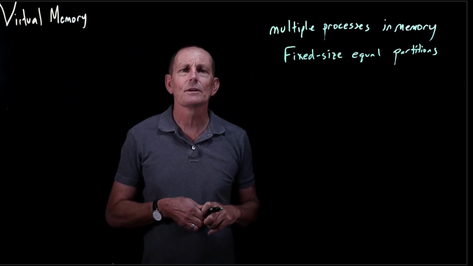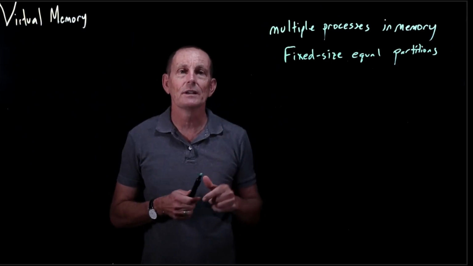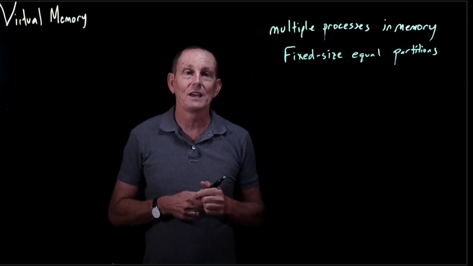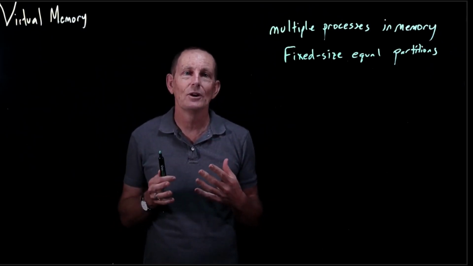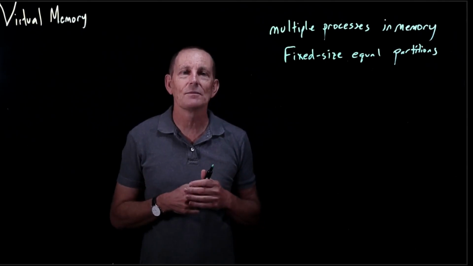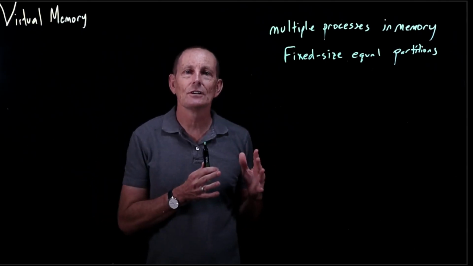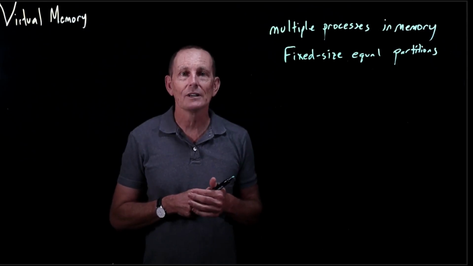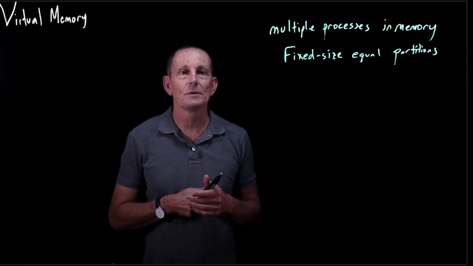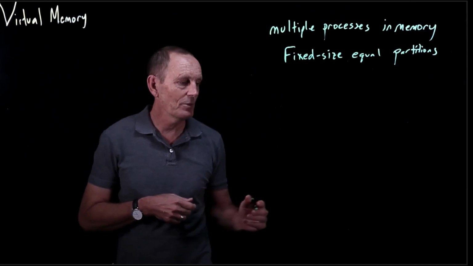In the previous case we talked about, where there's a single process in memory, if we look back historically, that was batch processing. We just have one application, one process in memory, and we let it run to completion. And then we put a new process in. The swapping idea that I talked about would work. As I said, though, the overhead is quite expensive. So let's look at this fixed size equal partitions idea.